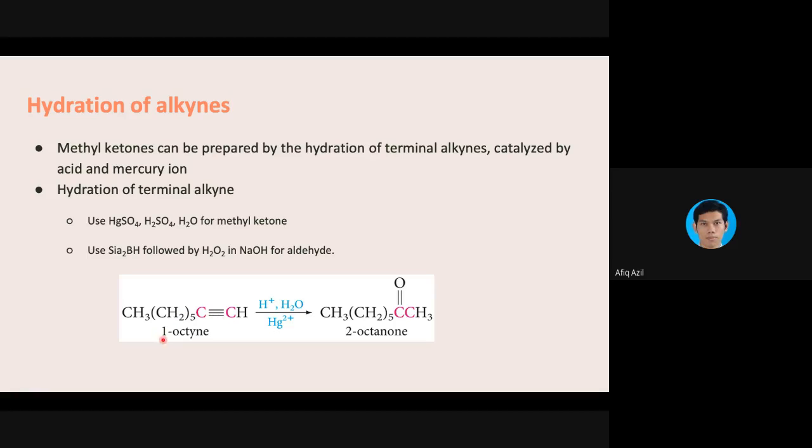So 8, and then 1 to denote the position of the alkyne, C triple bond C. Then you have H plus, which is from the acid, acidic medium, water, and also the mercury ion, which is from the mercury sulfate, Hg2 plus. So you are going to end up with this ketone, 2-octanone, as the product.